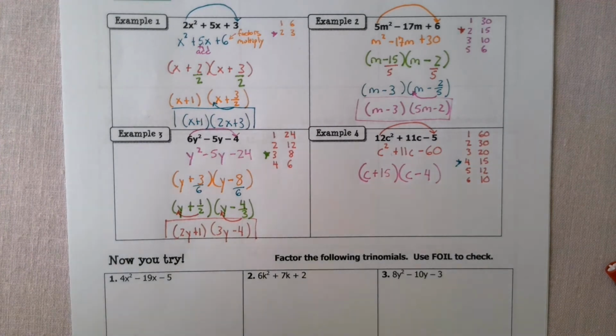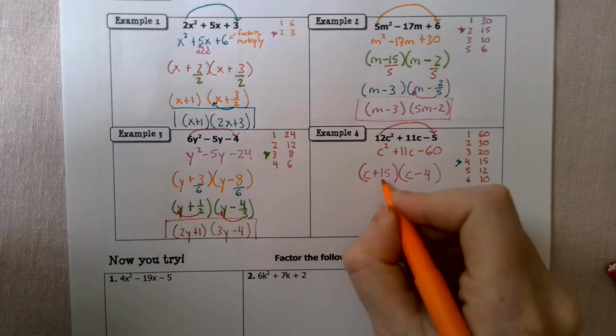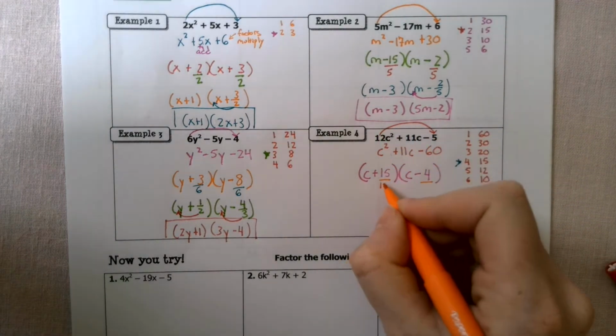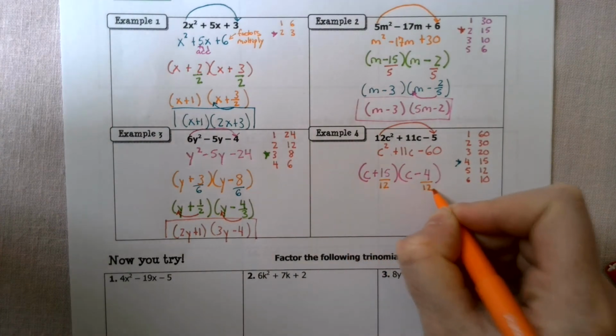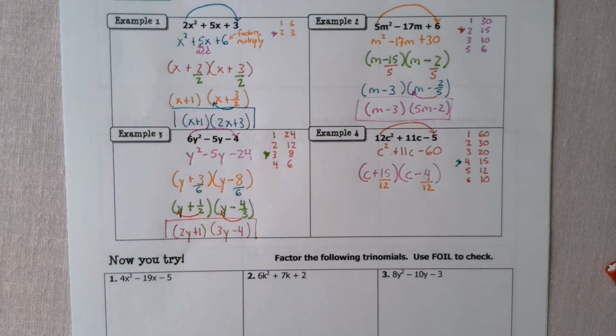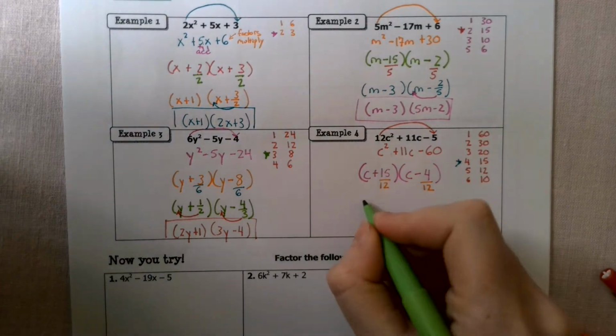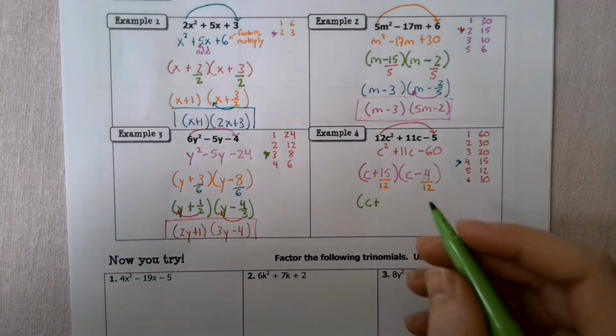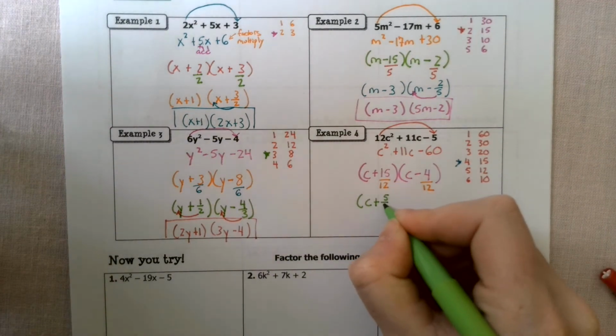Okay, so now that we've done that, we need to divide by what we multiplied by. And we multiplied by 12. Now we need to reduce our fractions. I'm going to have C plus, remember to put it into your calculator, and this should be 5 over 4.